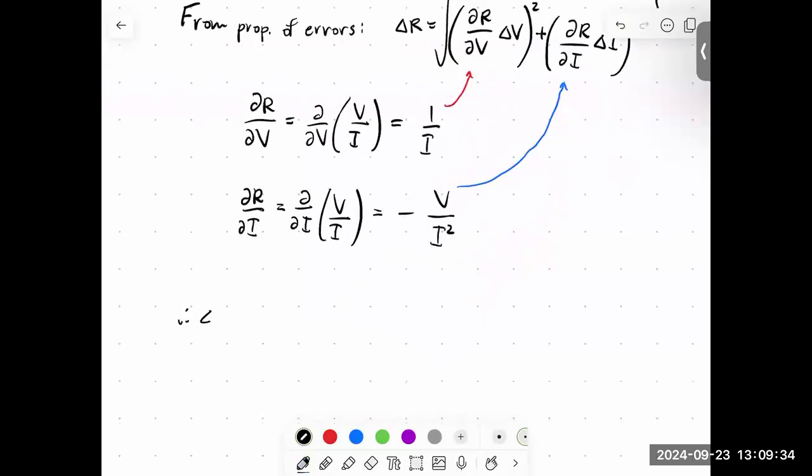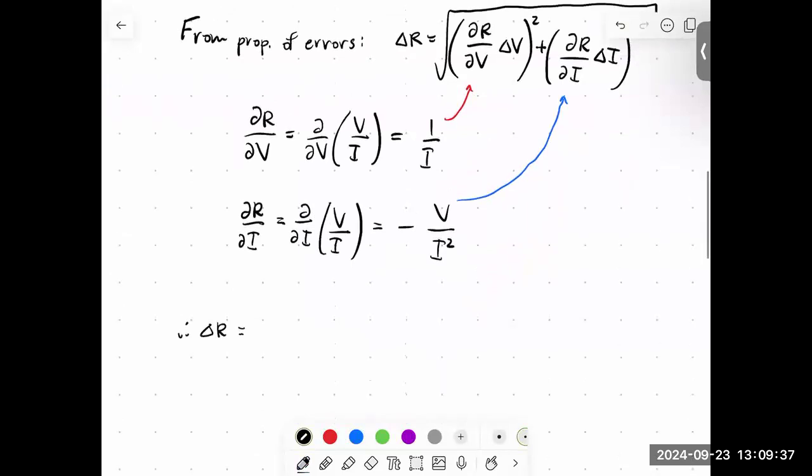So therefore, the uncertainty in the resistance is equal to, let's see, it's going to be the square root of the first derivative, which is just 1 over I. And then we have to multiply by delta V squared.